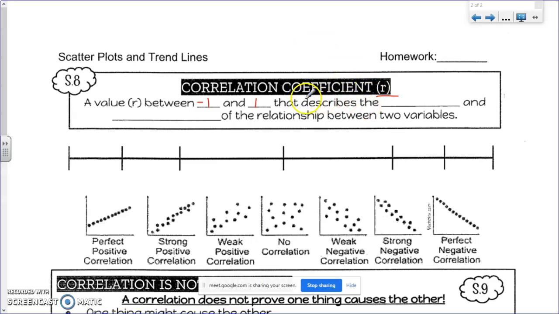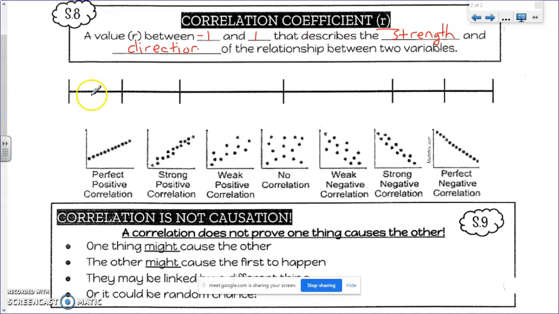That describes the strength and direction, the strength, how strong it is, and direction, which way it's going, of the relationship between two variables. So this number will always, always, always be between -1 and 1. The closer to -1 and the closer to 1 it gets, the straighter your line's going to be.